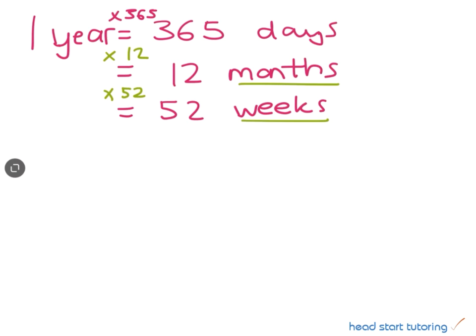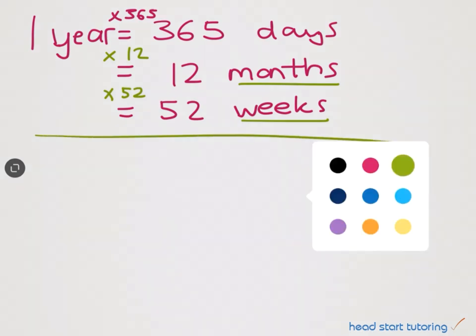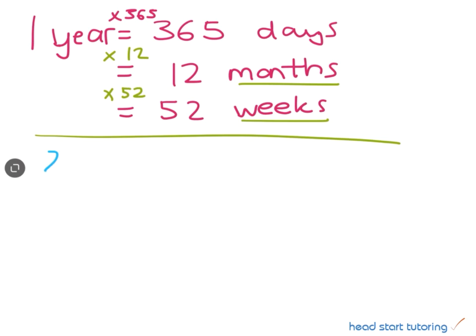So if we are asked to work out what 2 years is in days, we need to work out 365 multiplied by 2.